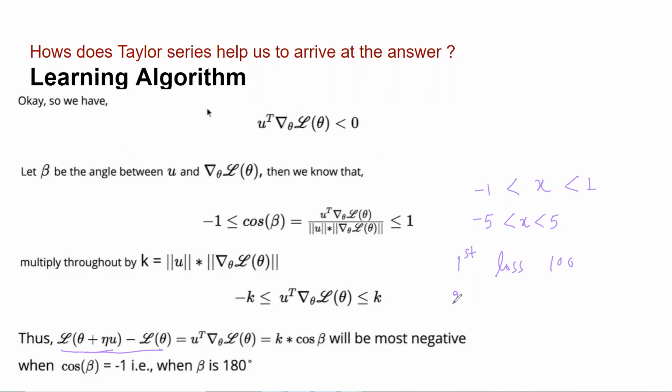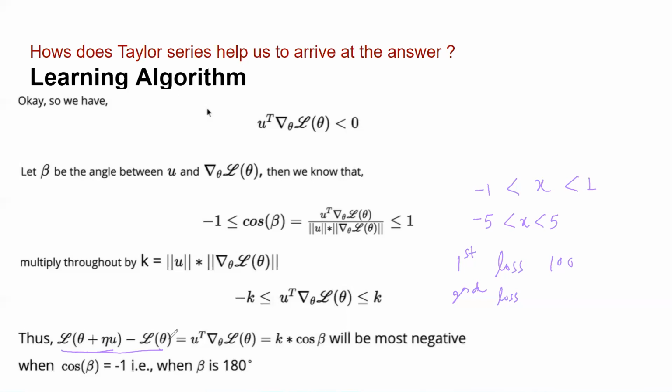In the second iteration, I want this loss to be as low as possible. So what I want is L(theta + eta u) minus L(theta) to be as negative as possible. You agree with me? Any slight confusion, let me know.